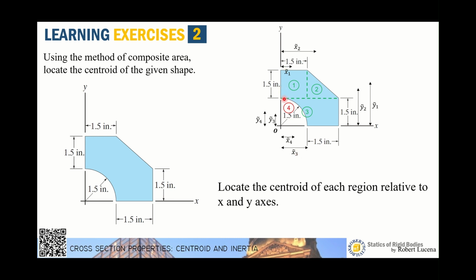The moment area of 1 plus the moment area of 2 plus the moment area of 3 minus the moment area of 4 is the moment area of the whole shape. In the composite section method, we just add up all the moment areas and then divide by the total area of the whole. Again, locating the centroid of each common shape is very important.